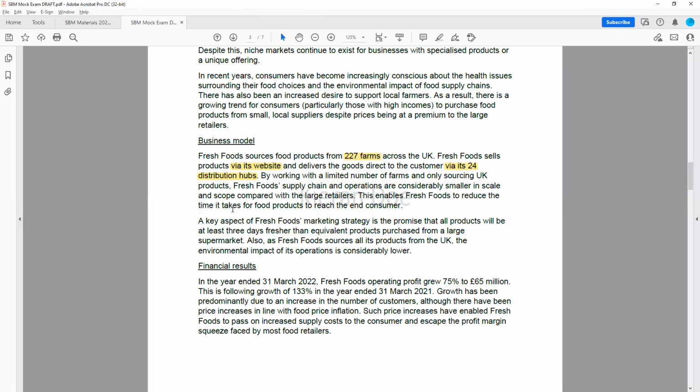By working with a limited number of farms and only sourcing UK products, Fresh Foods supply chain and operations are considerably smaller in scale and scope compared with the large retailers. This enables Fresh Foods to reduce the time it takes for products to reach the end consumer.